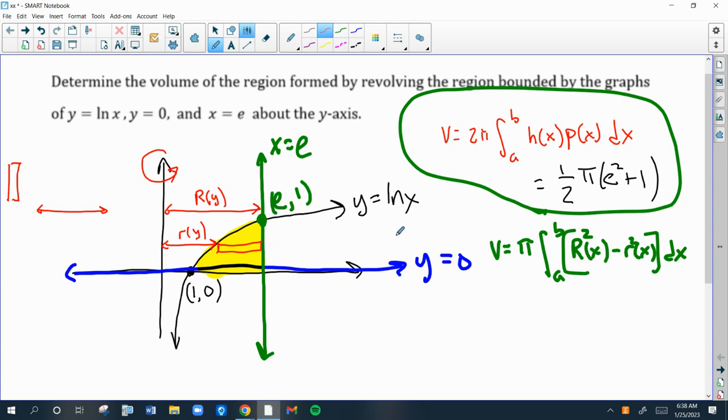So first thing is, I'm not going to think of this as y equals ln of x anymore. I want it in terms of y. So I'm going to take this y equals ln of x and change it. I'm going to solve it in terms of y, so I'm going to exponentiate both sides, so you'll have x equals e to the y.